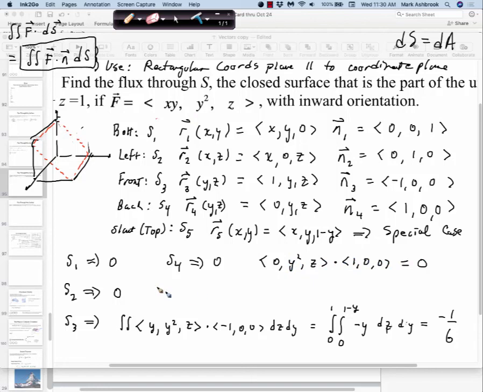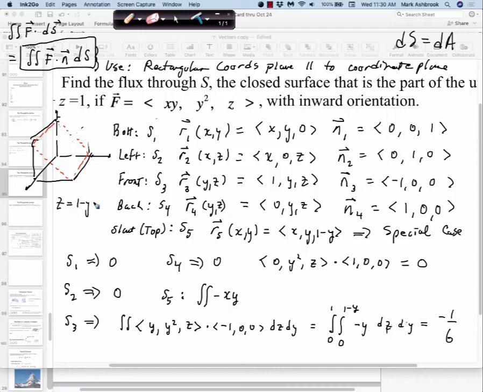Okay, S5. This is actually kind of the more interesting one here. For S5, we're going to use our special case form. We know it's going to be in terms of x and y. So negative P, which is xy, times the partial of G, and what's the function we're doing? Z is 1 minus y.